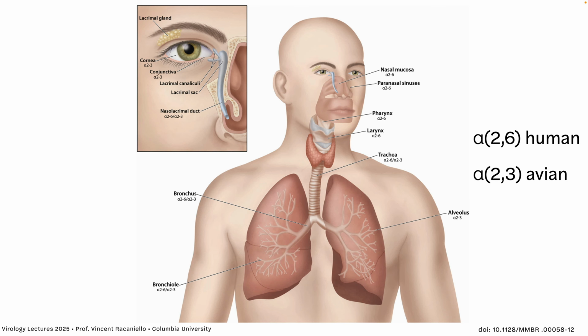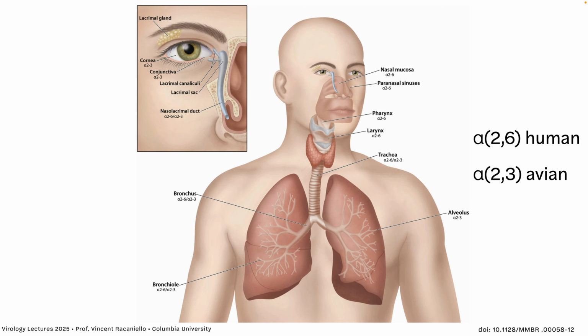Now, the receptors control where influenza viruses can infect. Now remember, human influenza viruses bind to alpha-2,6 sialic acids as a receptor, whereas avian bind to alpha-2,3. Now in our upper tract, we have mainly alpha-2,6. You can see nasal mucosa, paranasal sinuses, the pharynx, the larynx.